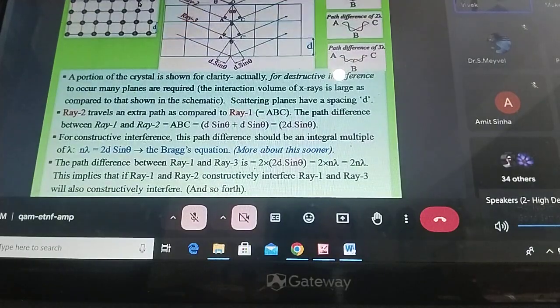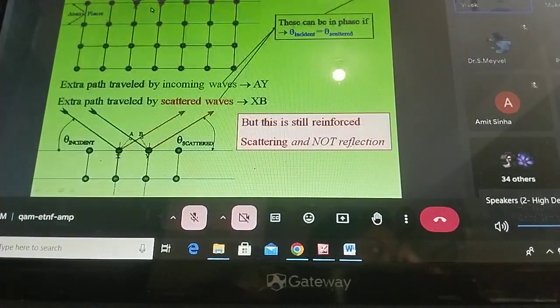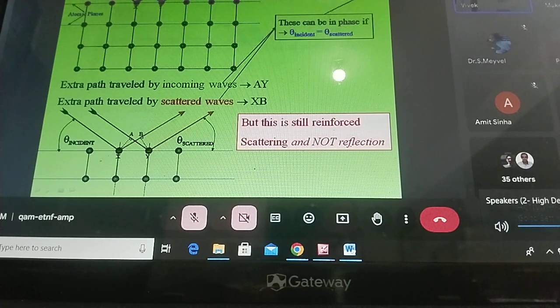If XA is equal to YB, then they are in phase. This is the extra distance traveled by the incoming wave, and for the scattered wave.